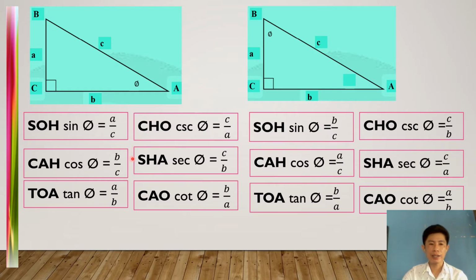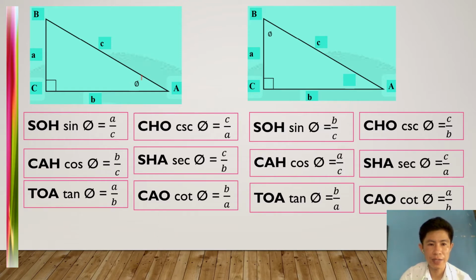Let us discuss some examples in finding the six basic trigonometric ratios of these two figures. The first figure is triangle ABC with side C as the hypotenuse, and side A and side B are the legs.